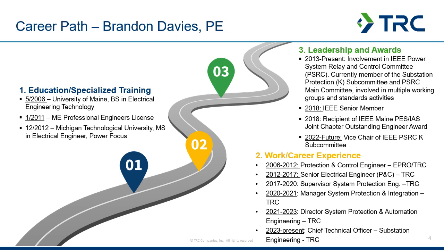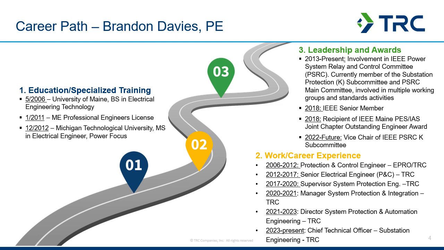Eventually I moved into a supervisory role for that group, and then took a number of progressive leadership positions from there until over the last few years I was the director of our system protection and automation engineering staff of about 60 engineers nationwide for TRC.